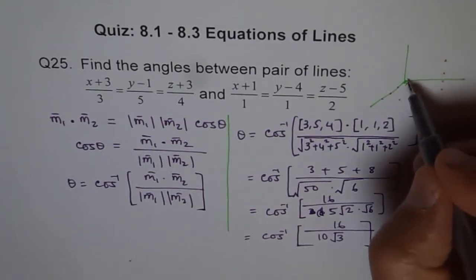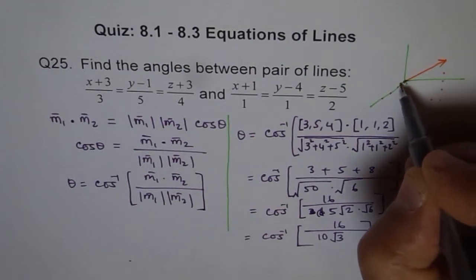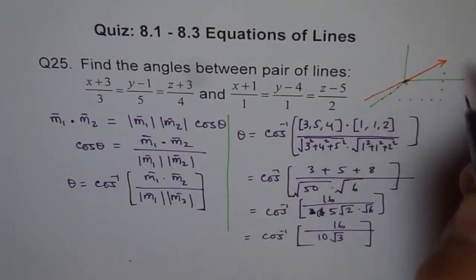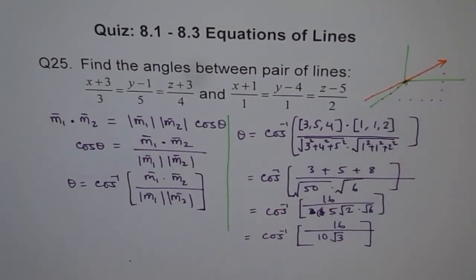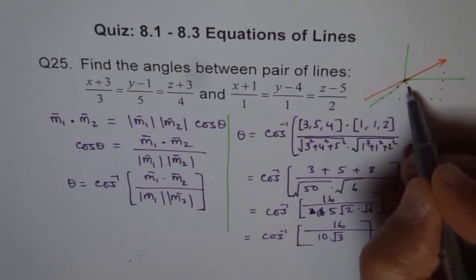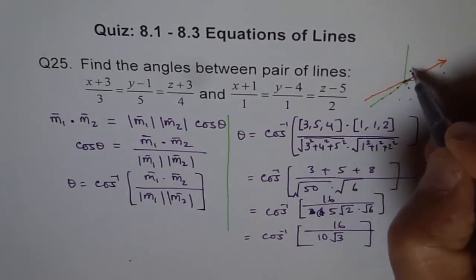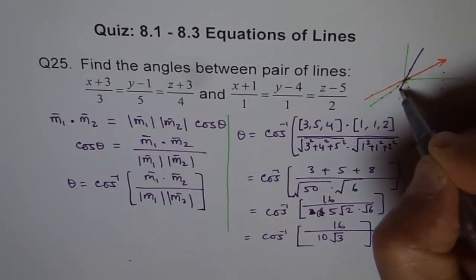So it lands here. From here, this is my line, and it goes like this. That's my line. The other line for us is 1, 1, and 2. That means you go 1 here, and then 1 here, and then 1, 2. Let's say this one. So the other line is going like this through the origin.